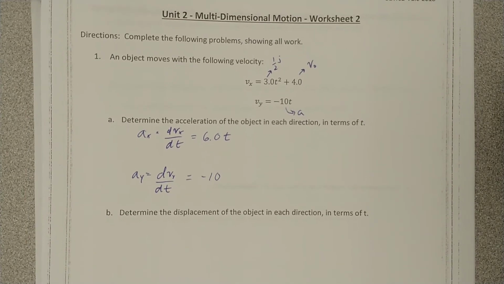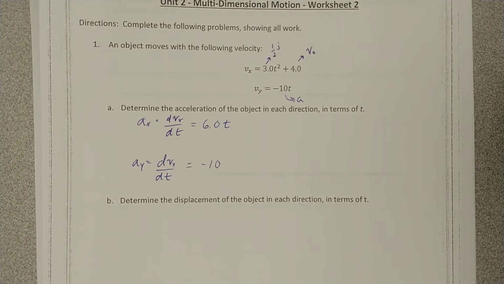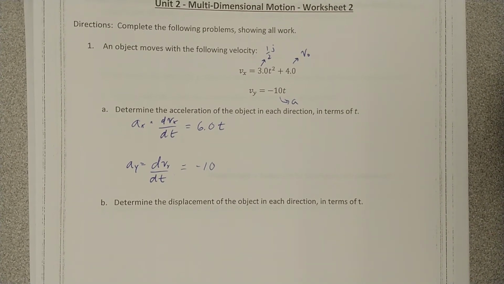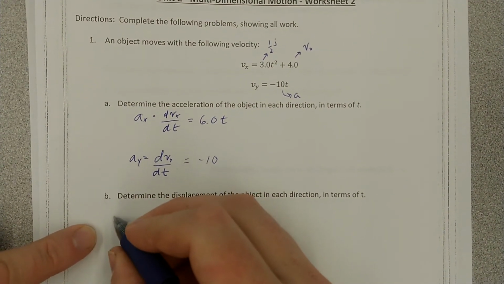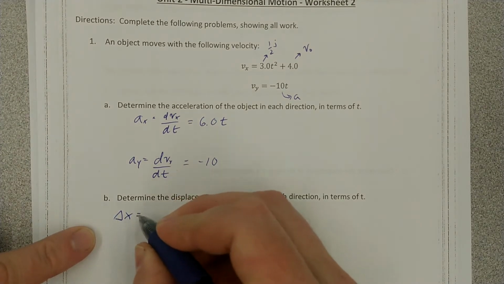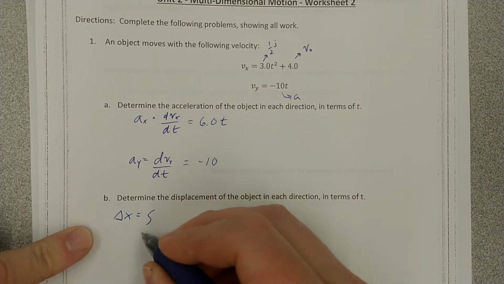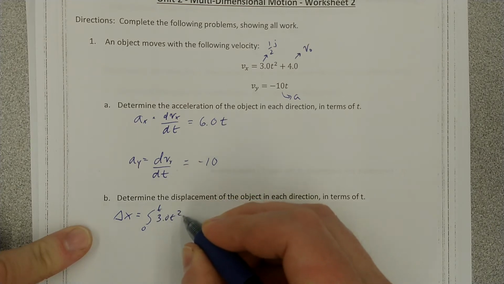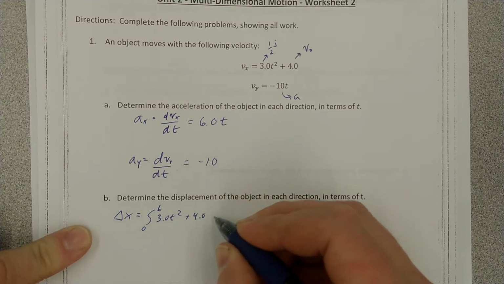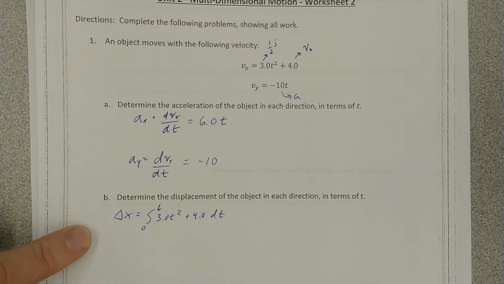Now the next question about determining displacement in terms of t, well, you're going to integrate this from 0 to t. So delta x is the integral from 0 to t of 3.0 t squared plus 4.0 with respect to time.